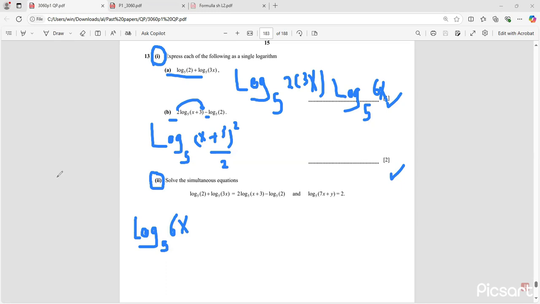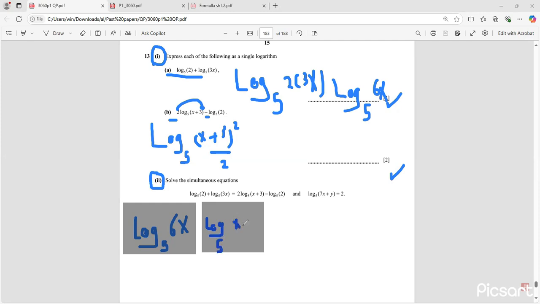The first single log here. Log base 5 of 6x will be equal to log base 5 of x plus 3 squared dividing by 2. The same.